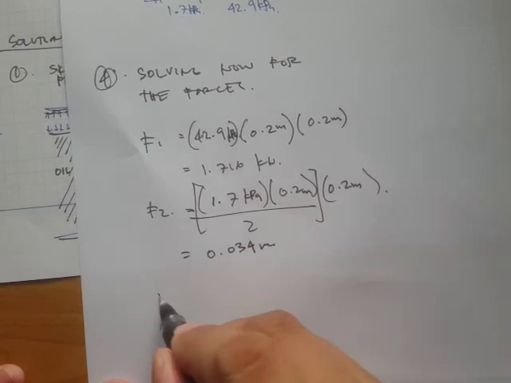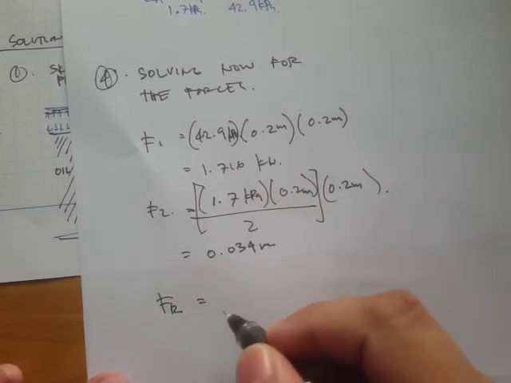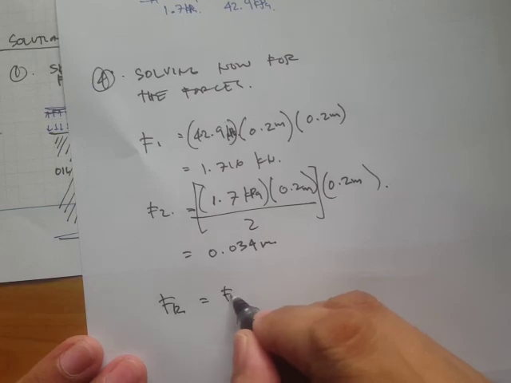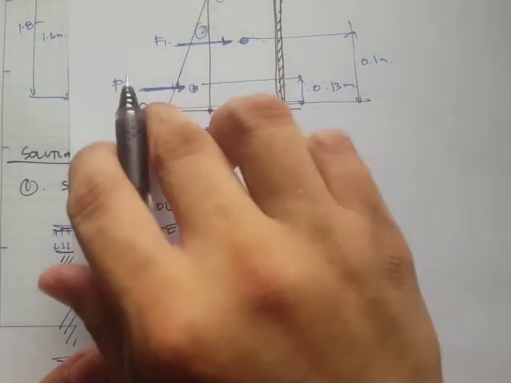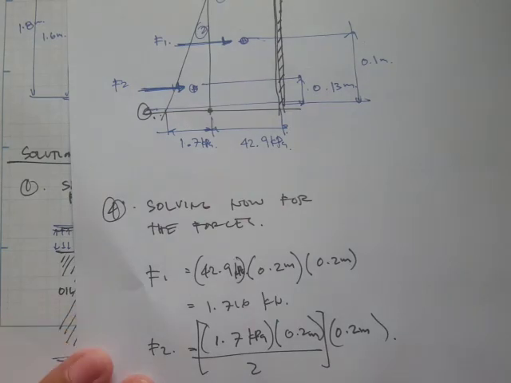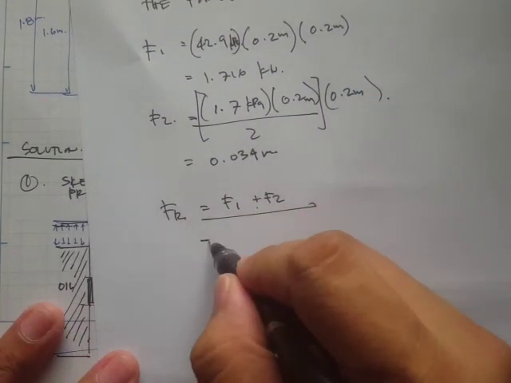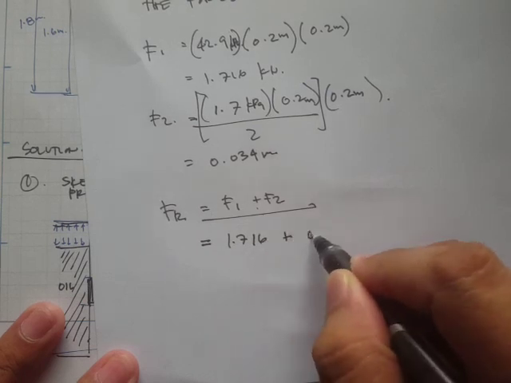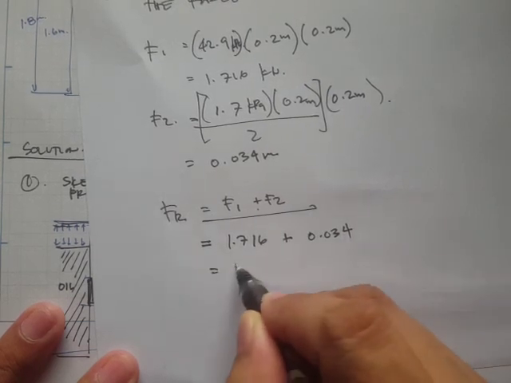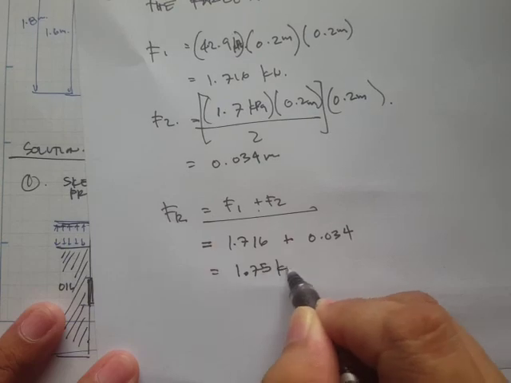And therefore, FR, the total resultant force, is simply F1 plus F2. It is plus because they act in the same direction. Okay, so we have 1.716 plus 0.034. We get a value of 1.75 kilonewtons.